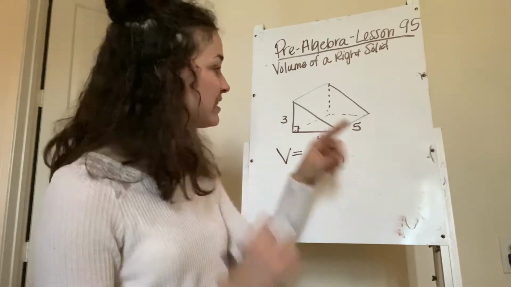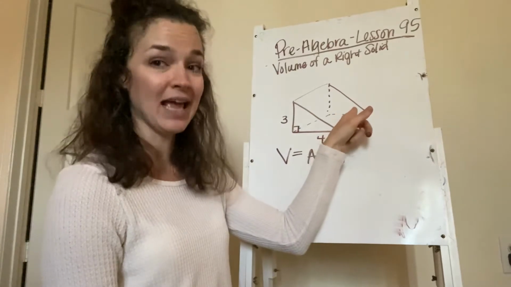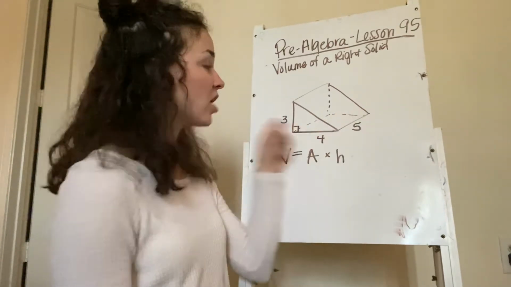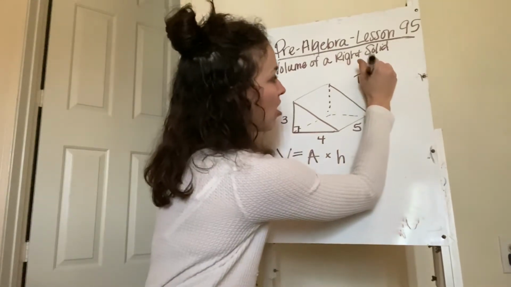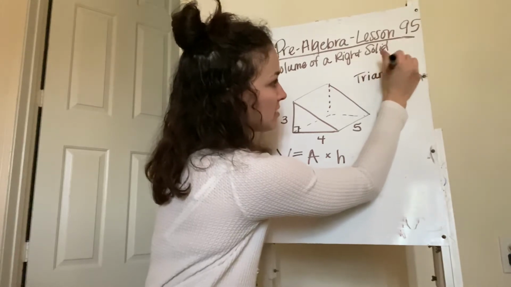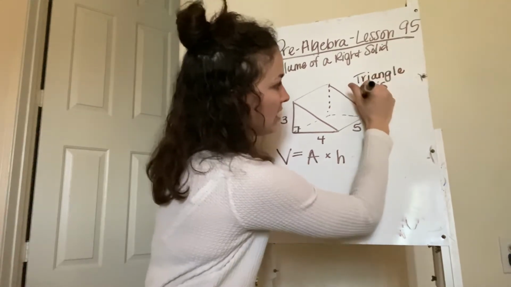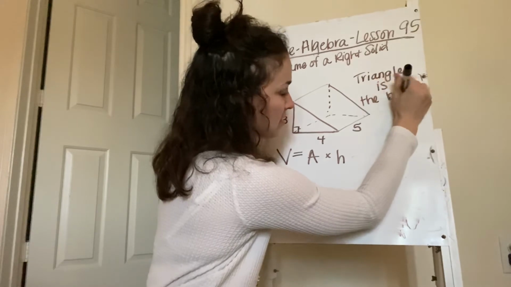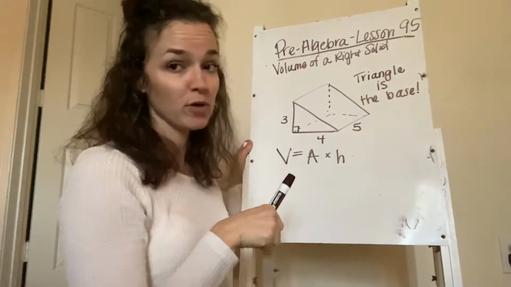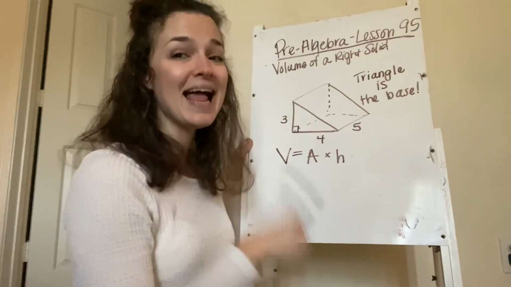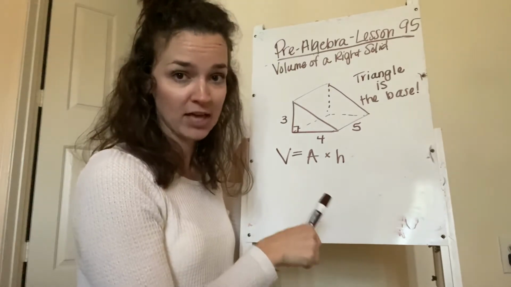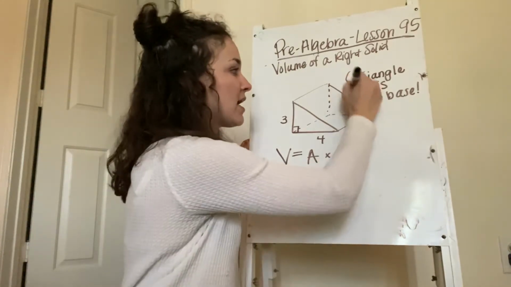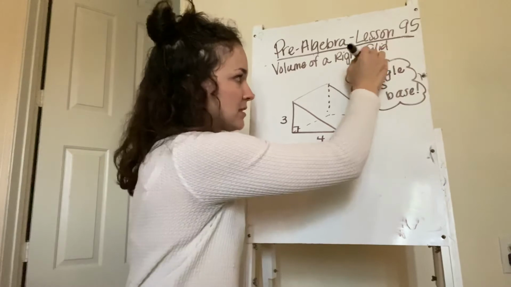That we see happening with our triangles here. So our triangles are actually our bases. The triangle is the base, super duper important. That is gonna be true in any triangular prism, so don't forget that.